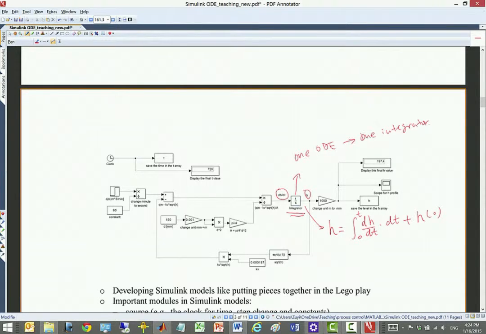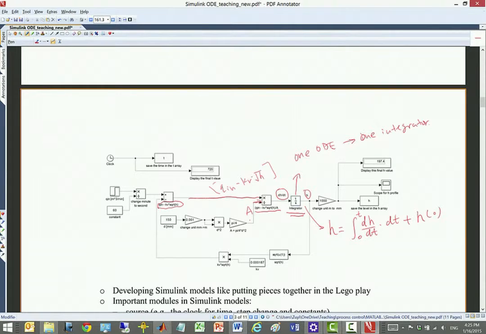Now we need to calculate dH/dt. You can input the equation here: dH/dt equals Q in minus kV times the square root of H, divided by A, where A is the cross-section area. This block takes the term Q in minus kV times square root of H and divides it by A. So we decompose the equation into two terms with the division operation.